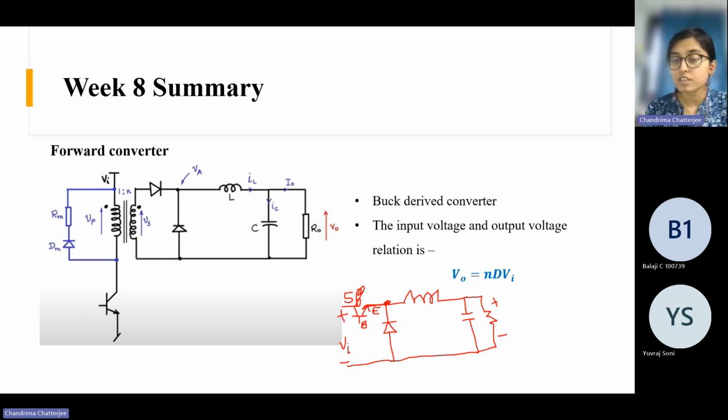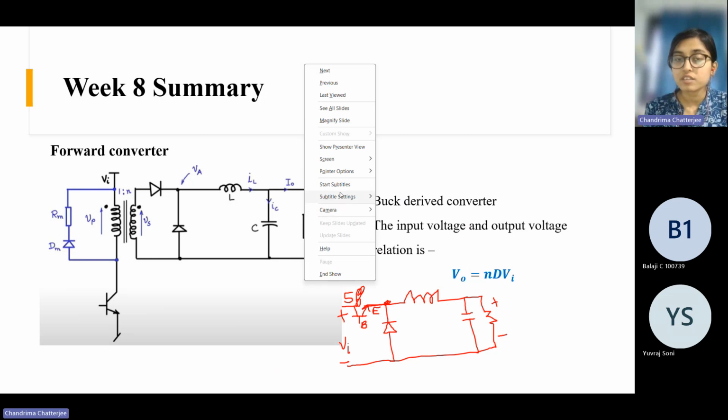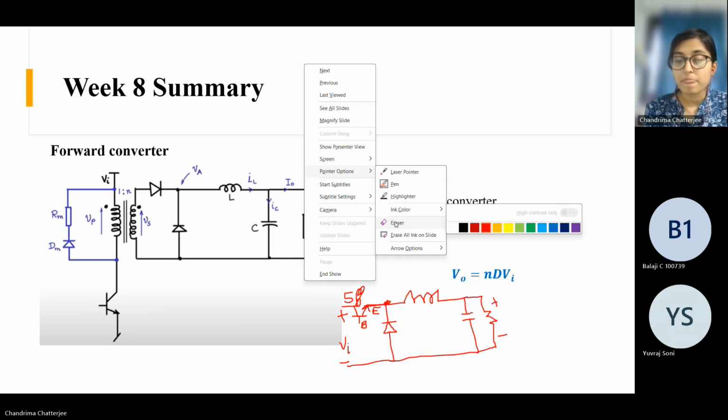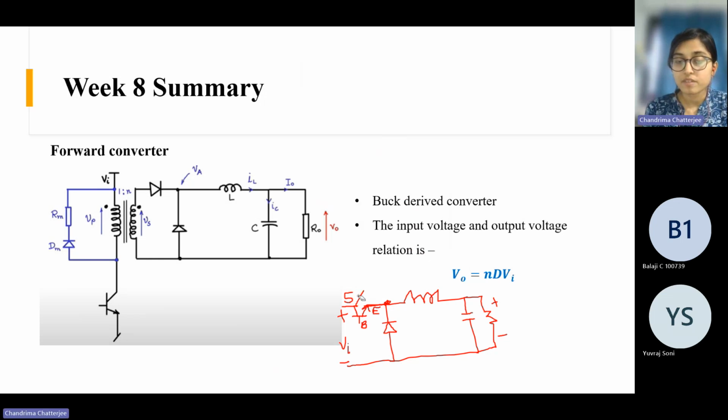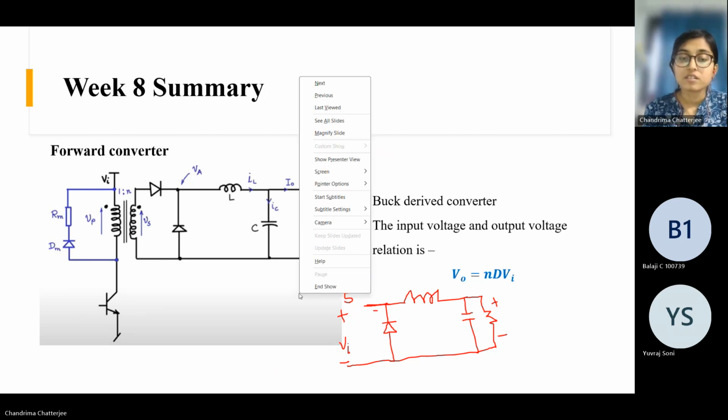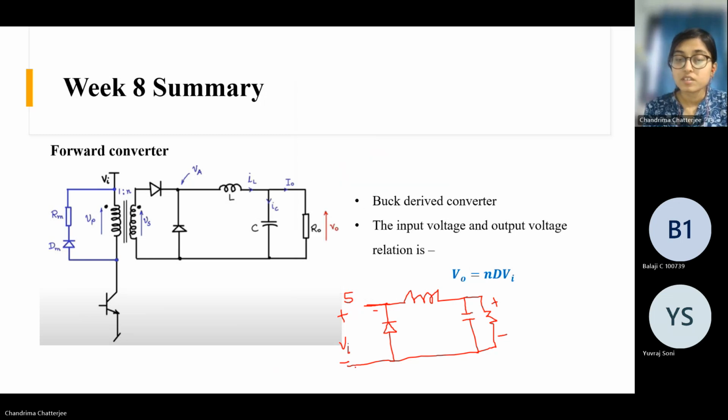So then the connection will be like this. Instead of this, the connection will change to something like this.